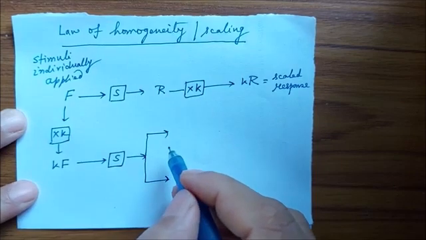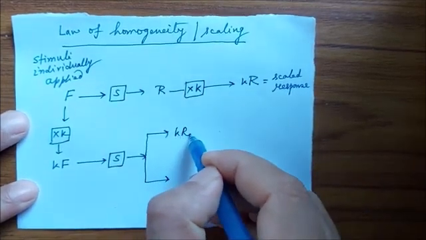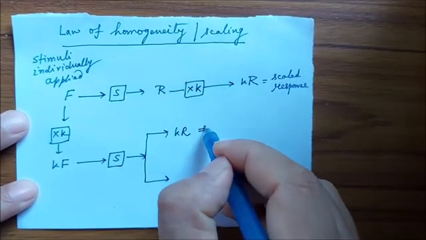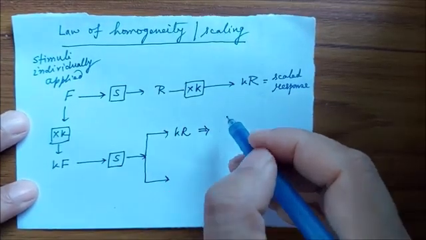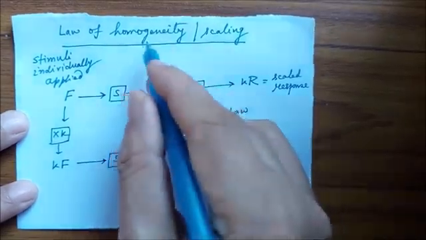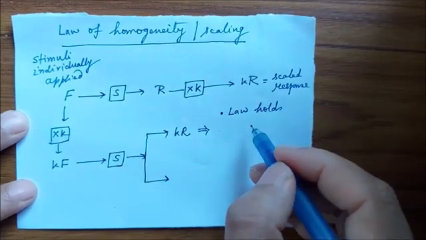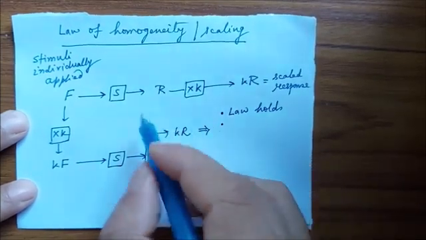If it so happens that we get the same response, so it is K into R, then our conclusion will be that the law of homogeneity or the law of scaling holds for this system.